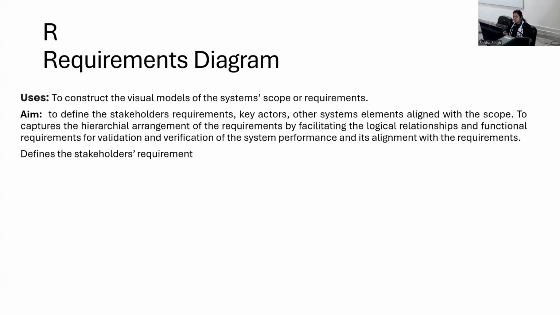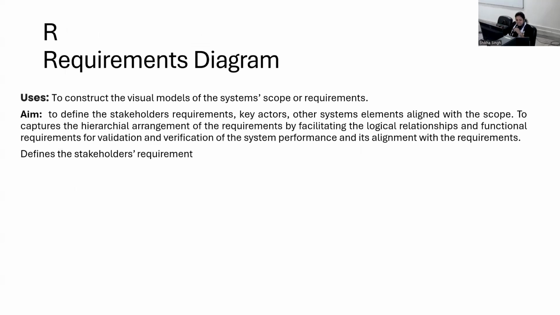And the last one is the requirements diagram. Though it should be very first, requirements is the very first thing. So it should be very first, but somehow my slides are in that sequence. Okay. R is the requirements diagram.